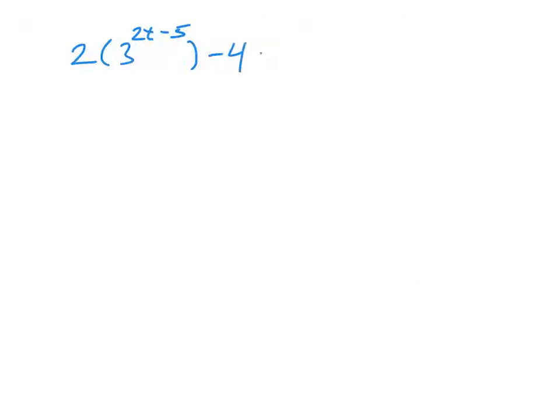And down here, I want to show you one that's got a little bit more going on. Let's do 2 times 3 to the 2t minus 5 power minus 4 equals 11.